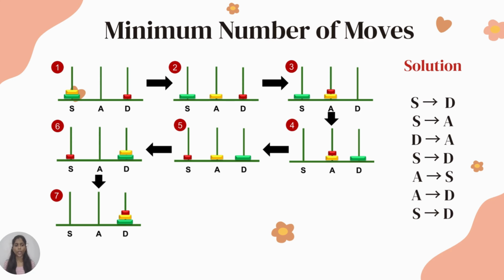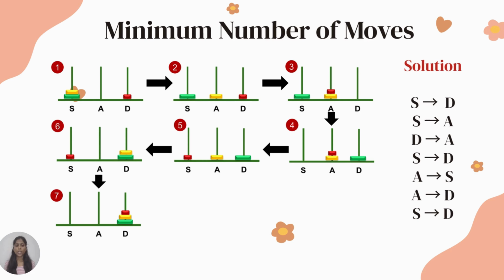In step 5, we start moving the smaller disk again. The red disk goes from A to S. Then in step 6, the yellow disk moves from A to D. Finally, step 7 moves the red disk from S to D, completing the puzzle.